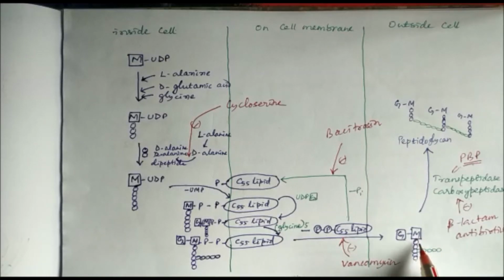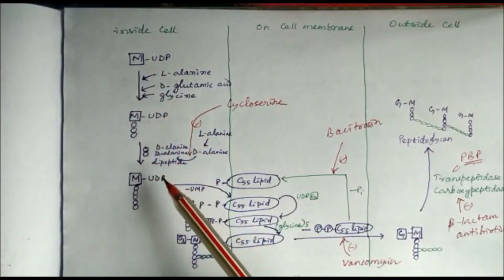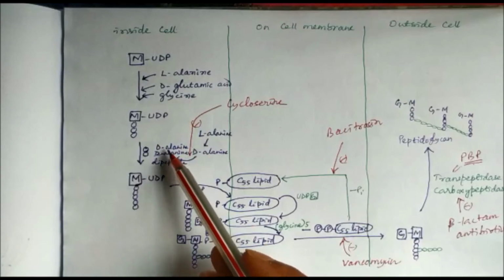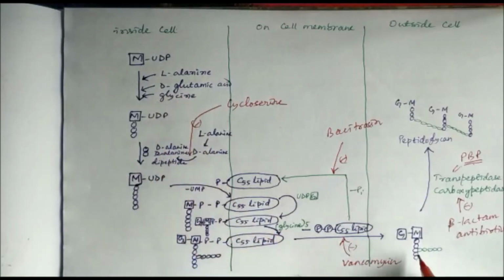These amino acids are L-alanine, D-glutamic acid and glycine. Then the fourth and fifth are 2 D-alanine molecules.